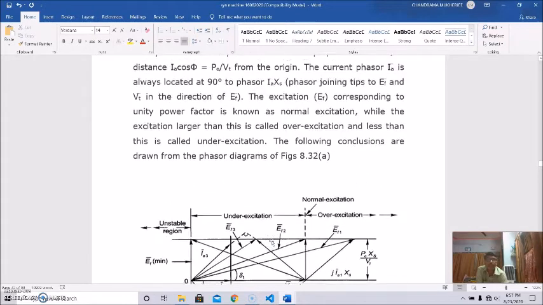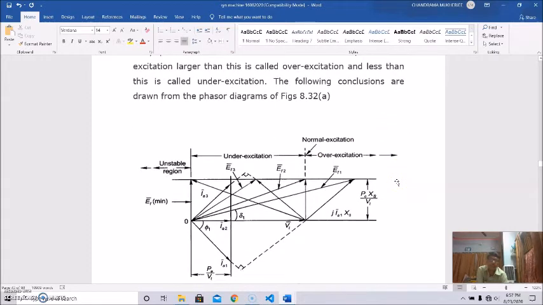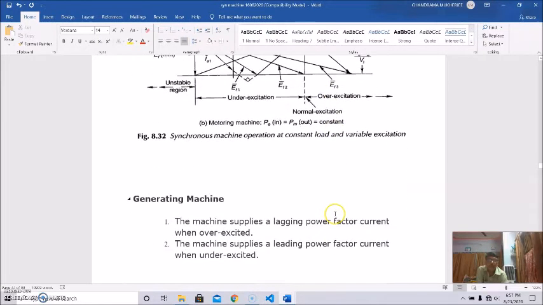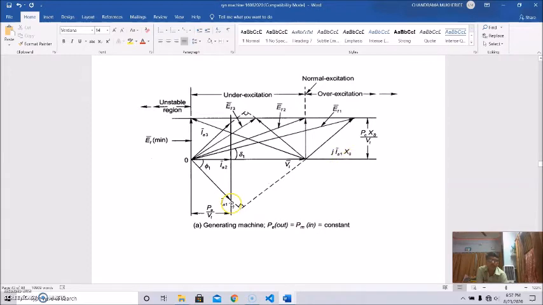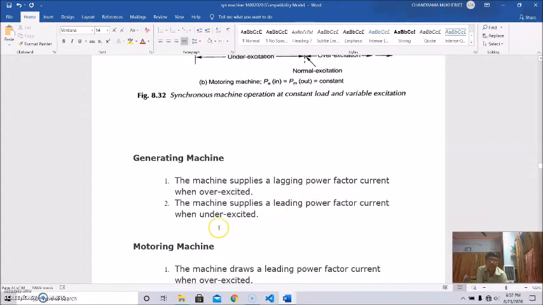And the conclusions we can draw from this phasor diagram, from these figures: for a generating machine, the machine supplies a lagging power factor current when overexcited, and a leading power factor current when underexcited.